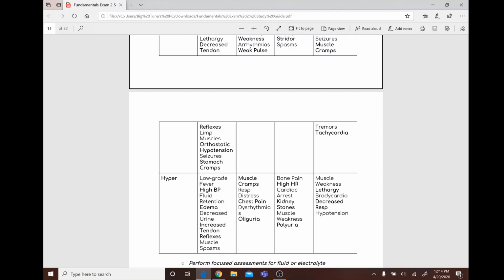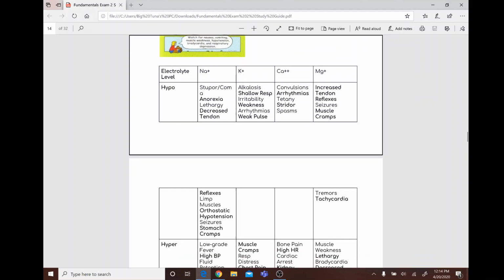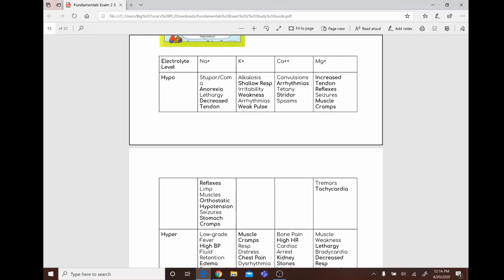Low-grade fever, high blood pressure, fluid retention, edema, decreased urine, increased tendon reflexes, and muscle spasms. What are the signs and symptoms of hypokalemia? Alkalosis, shallow respirations, irritability, weakness, arrhythmias, and weak pulse.